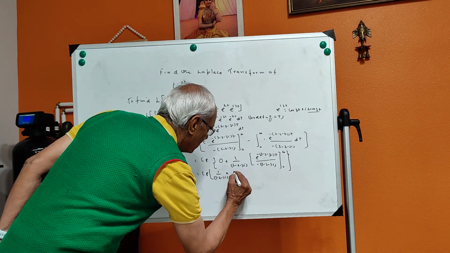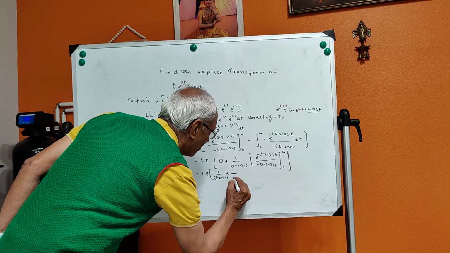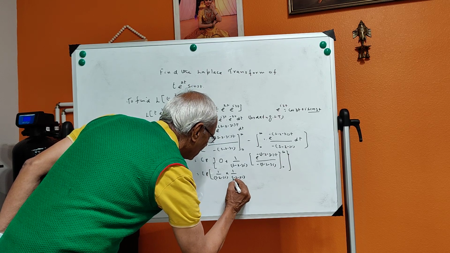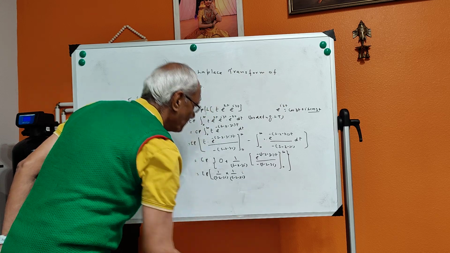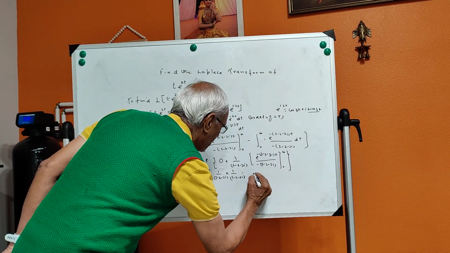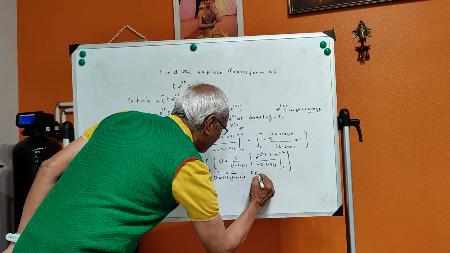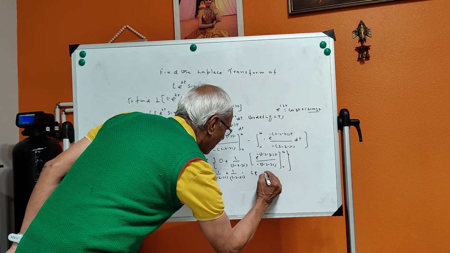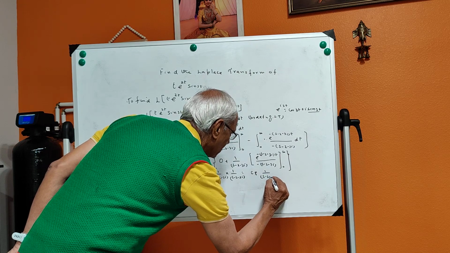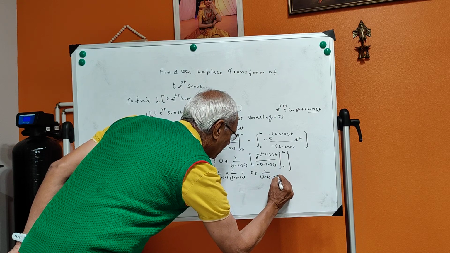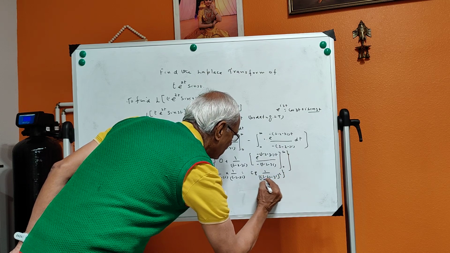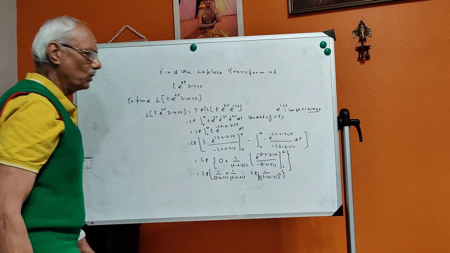So this is nothing but into 1 by s minus 2 minus 3i. So what you will get here is the imaginary part of 1 divided by s minus 2 minus 3i whole square. So this is what we will get.